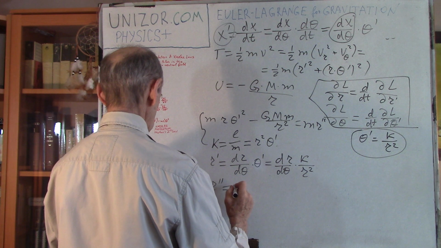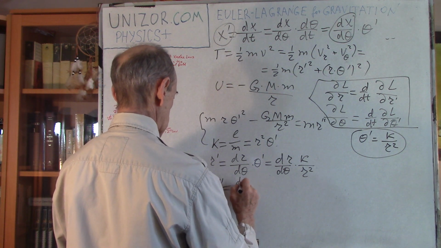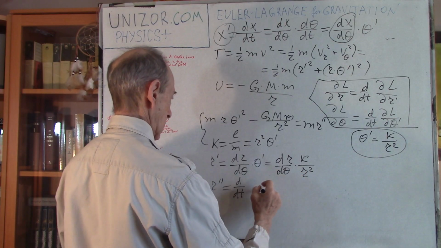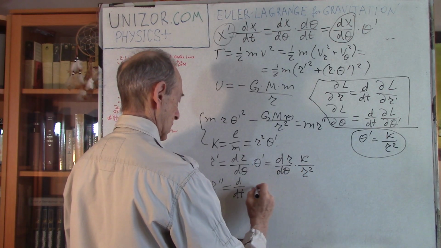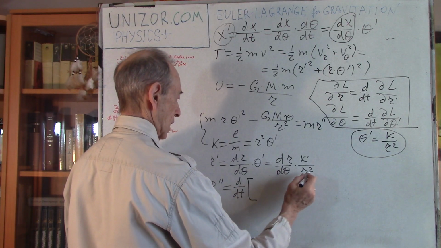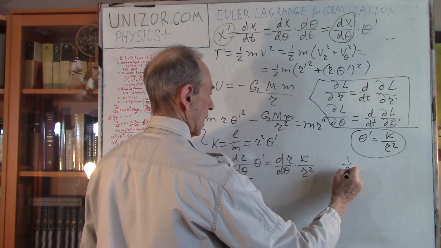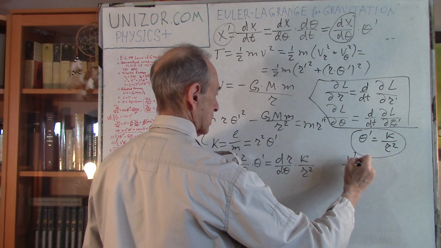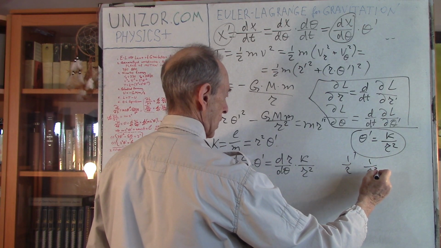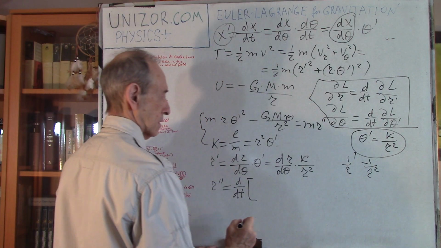Right, so it would be d by dt of this thing, and this thing I will convert into, okay, the derivative of 1 over r is 1 over r squared with a minus sign, right?